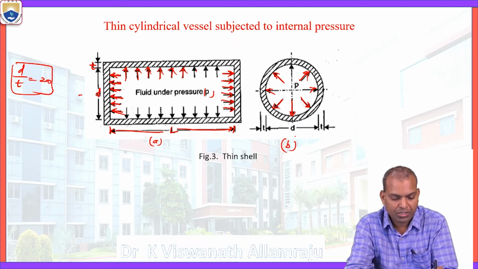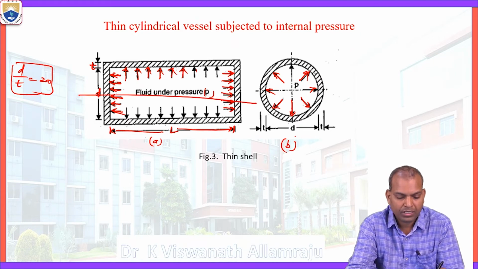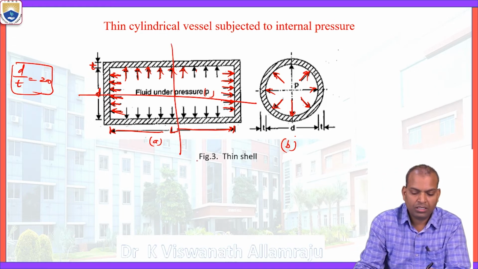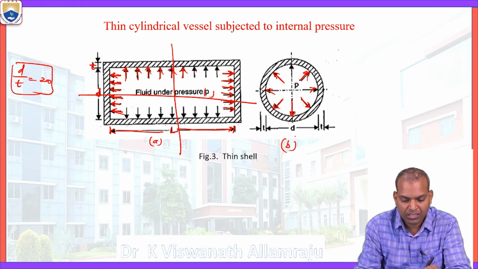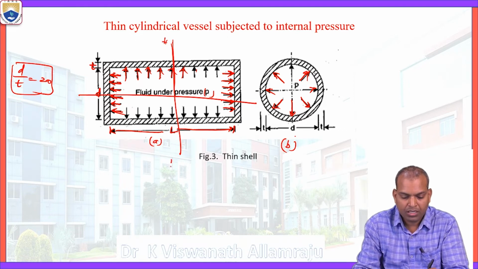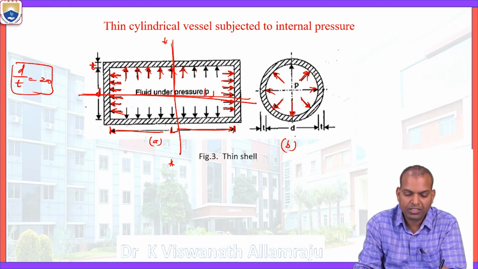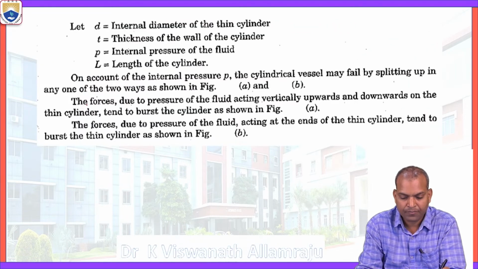If we take a sectional view in this direction, we can see the hoop stress. If you cut a section longitudinally in this way, we can see how it takes place.